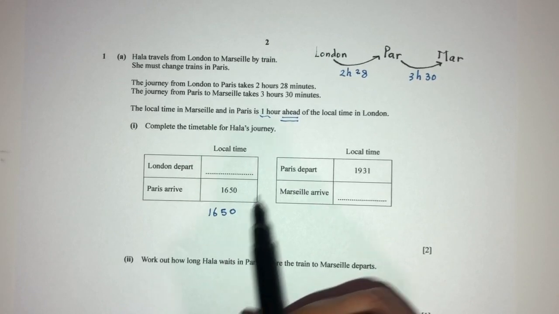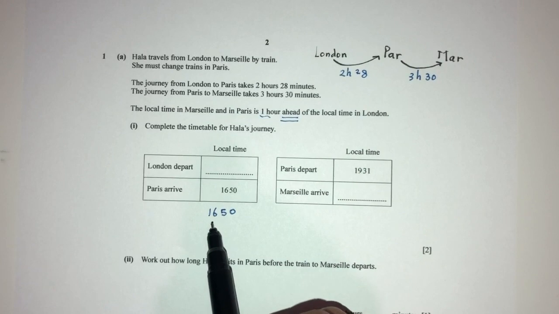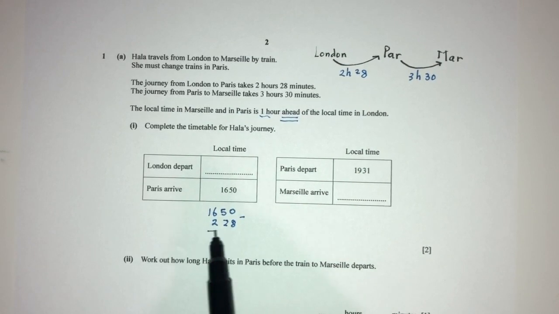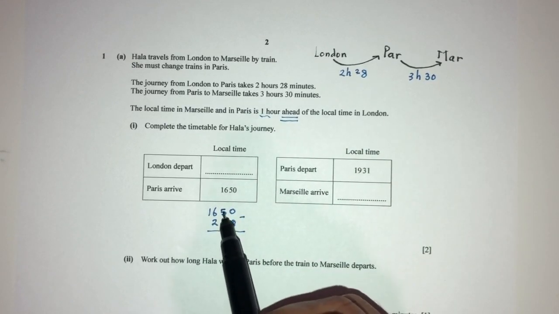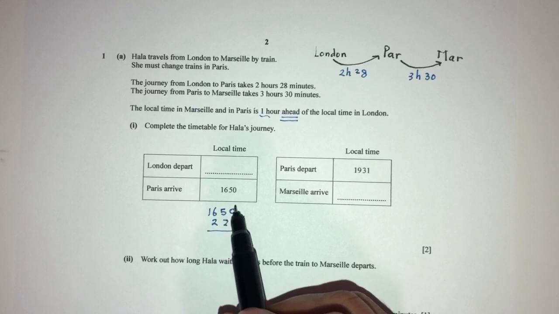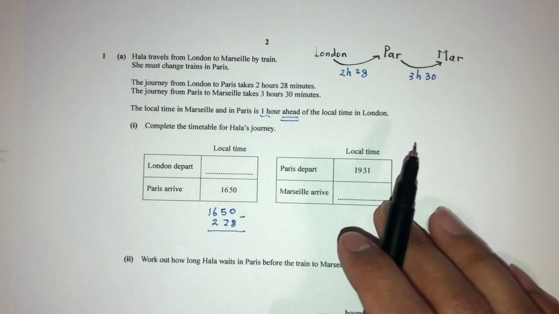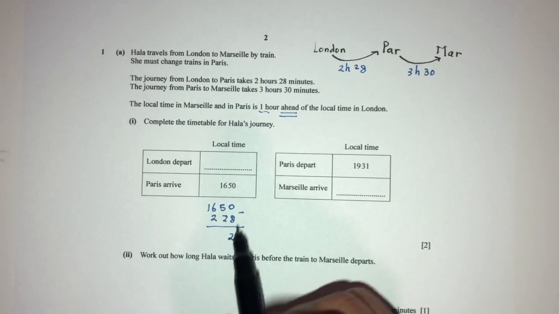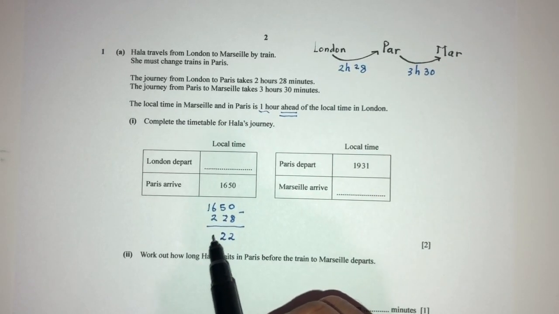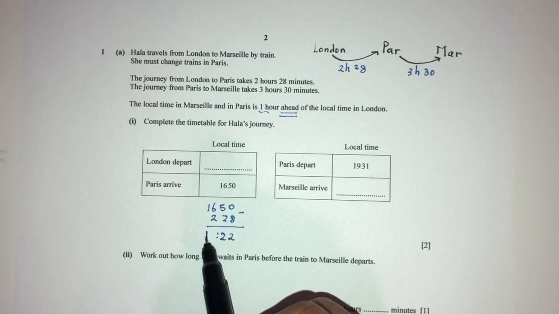We do know that the time taken is 2 hours and 28 minutes, so we have to first subtract that. 50 minus 28, that should be 22. And then here we have 16, that will be 14.